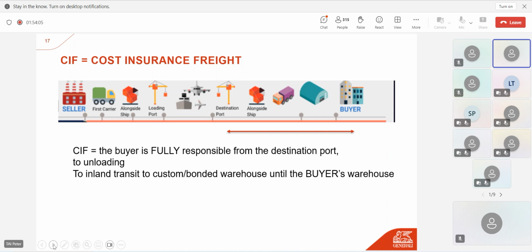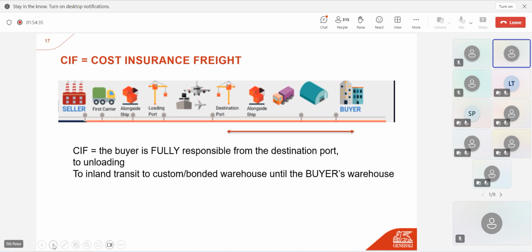This one is very common, CIF, and it is normally quite costly to the buyer because once the seller uses this method, they will charge you more. A lot of times the premium is 2 to 3 times higher than in Malaysia. And the worst part is they charge it in their own currency. If their currency is US dollar, then you do the multiplication on the exchange rate, you already lose money.